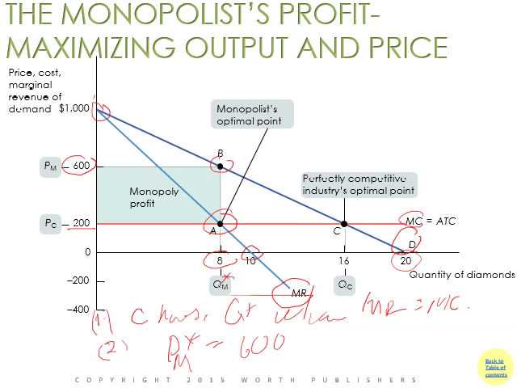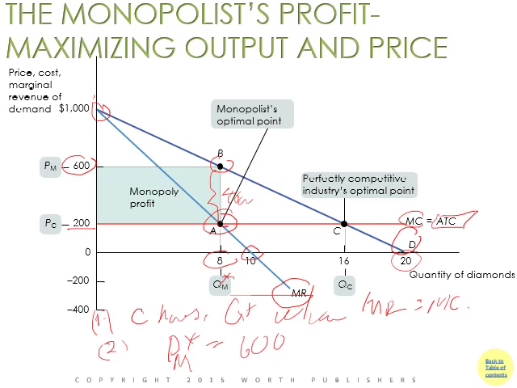And how do we know that? Well, here, for simplicity, they said that average total cost is constant, and it's equal to 200. So how much are you making per unit? The price you're charging is $600. Your average cost is $200, so you're making $400 on each unit that you sell, and you're selling 8 units of output.